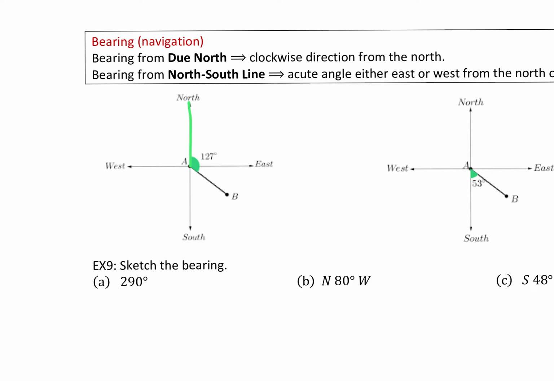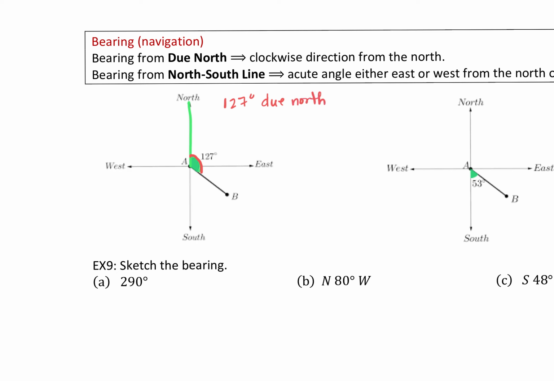You're starting from your north line and you're going to go clockwise, down and around. And you're going to come up with a degree from north or due north. So in this example, I'm looking at 127 degrees from the north or due north. So I would write this as 127 degrees due north.